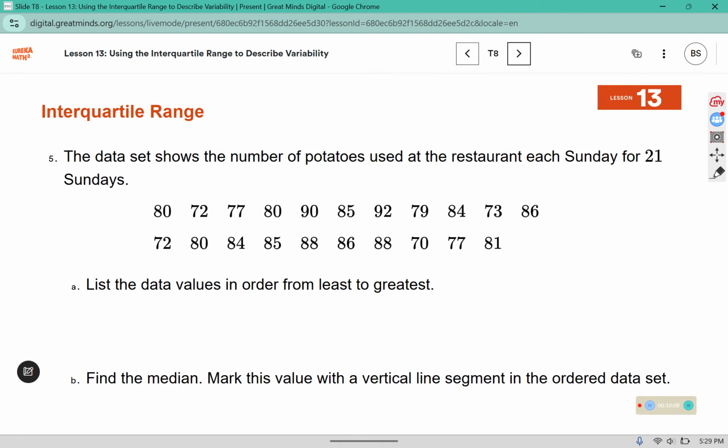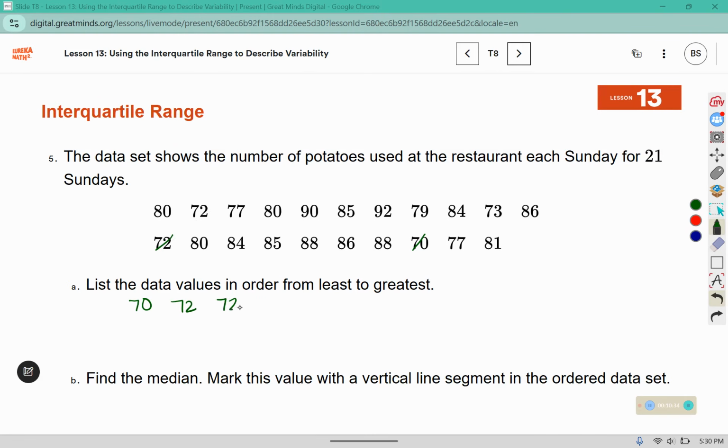The data set shows the number of potatoes used at a restaurant each Sunday for 21 days. List the data values in order from least to greatest. So let's look for the lowest number here. I see a 70. And there's a 72.